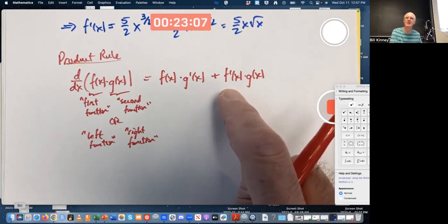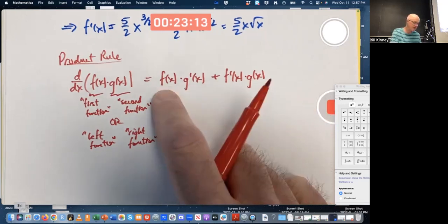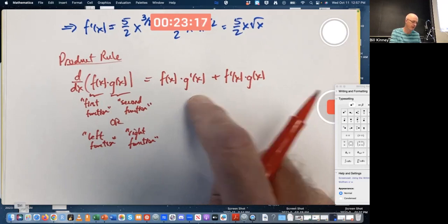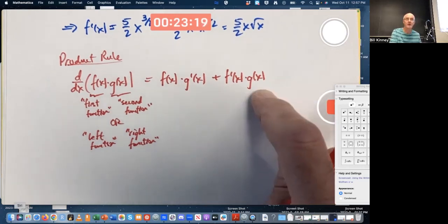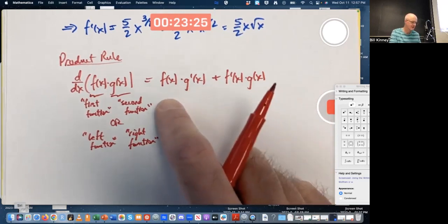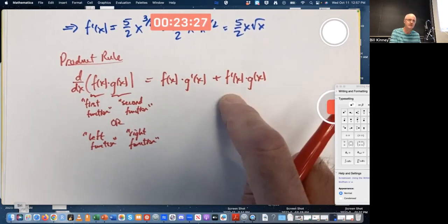What's this D that I just said? D means derivative, just a quick way of emphasizing derivative. Left function, D right means the derivative of the right function, plus right function, D left means derivative of the left function. Left D right plus right D left.